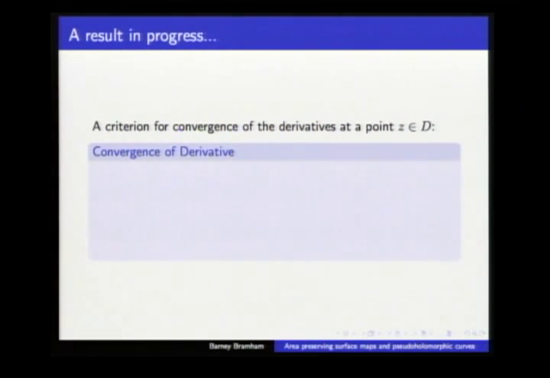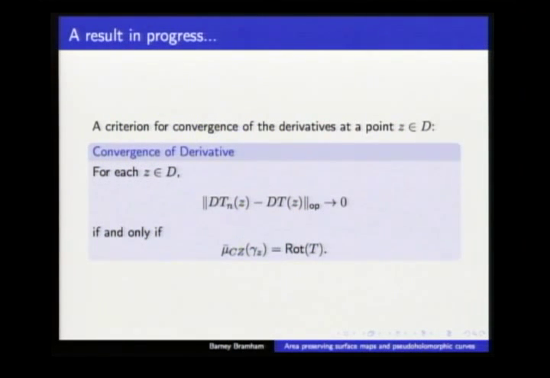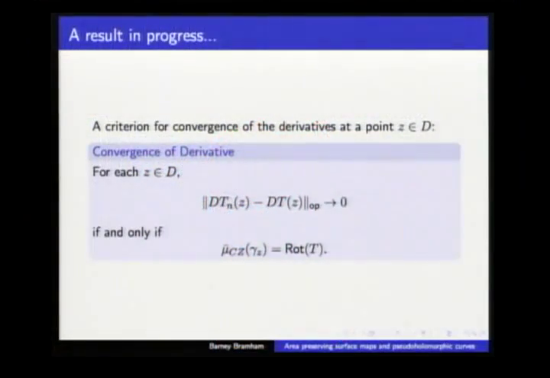So instead of just Holder convergence, if you take a point on the disk, you maybe get the convergence of the derivative if and only if, so I'm writing this very imprecisely, but if you make sense of a mean Conley-Zehnder index of an orbit that is not periodic, in the obvious way, if this Conley-Zehnder index at that point exists, and if it's equal to this irrational number that's driving everything, the rotation number, then that implies convergence of the derivative, and actually if and only if.